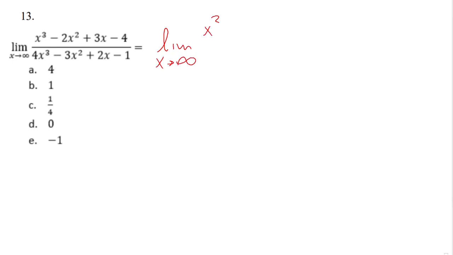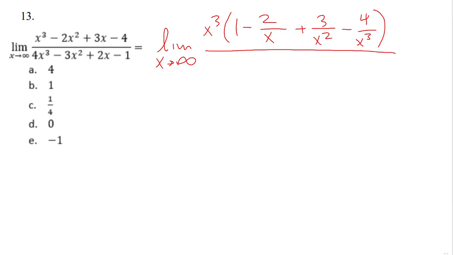So we have x cubed times 1 minus 2 over x, plus 3 over x squared minus 4 over x cubed. As if I distribute that x cubed back through, I'll still get x cubed minus 2x squared plus 3x minus 4.